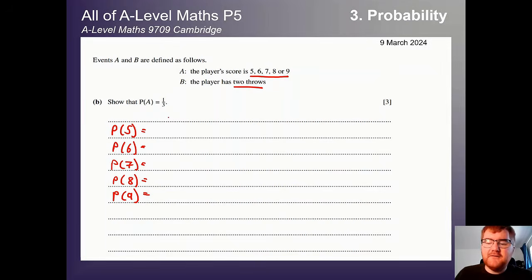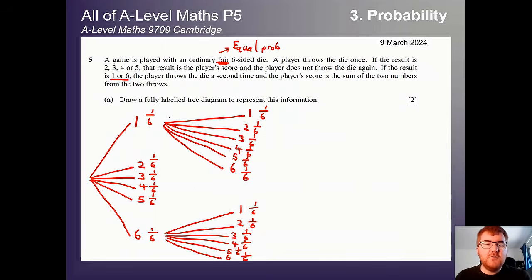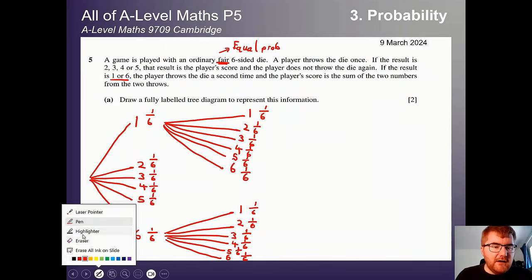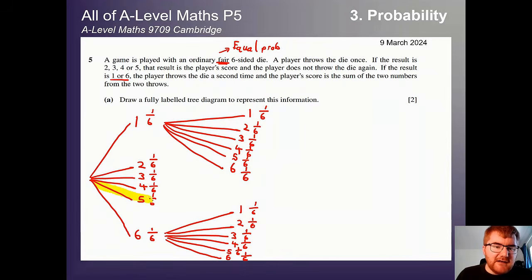Now the probability of getting a 5, well, we have two ways of getting a 5. We can either get a 5 directly, so that's the probability of 1 out of 6. Or we can do the probability of a 1 first and then a 4 afterwards. So we have two possible outcomes here. We can either do the probability of a 5, which we know is 1 out of 6, or a 1 and a 4. Notice as soon as I say and in probability, I'm going to multiply the fractions.